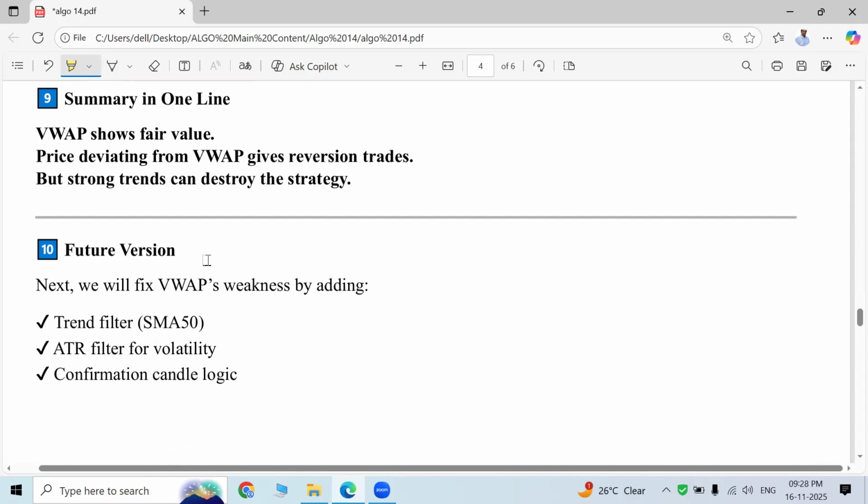If the trend changes, VWAP might fail, so a trend filter will tell us and save us from a trending environment. We can use ATR also, and check some candle logic. If VWAP is mixed with all these methods, we get the best output.